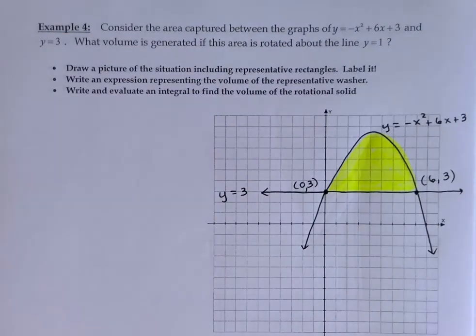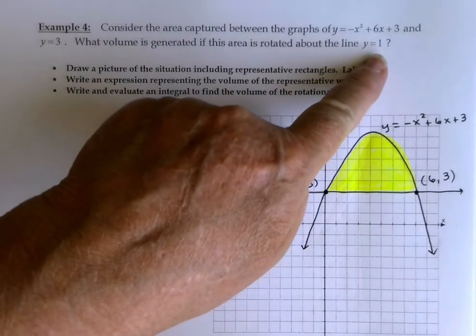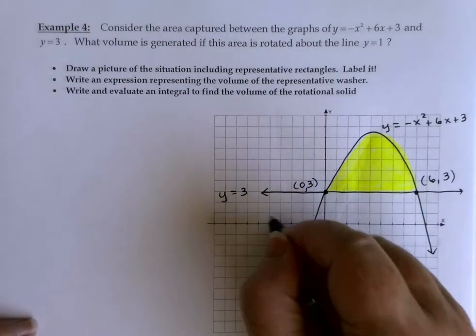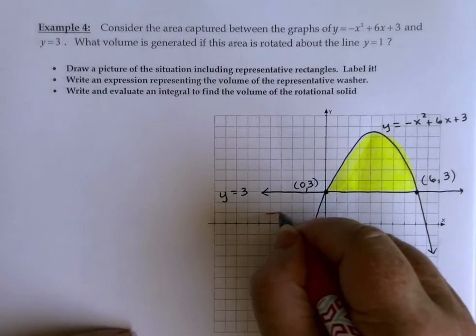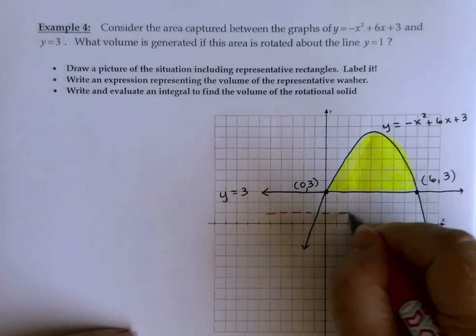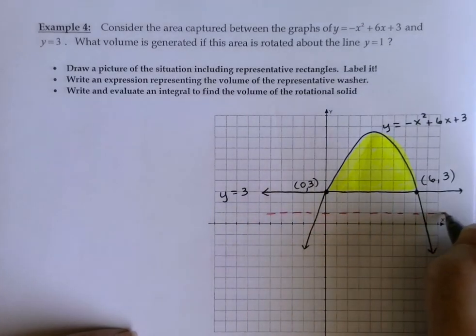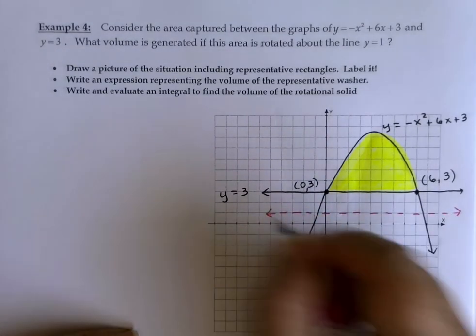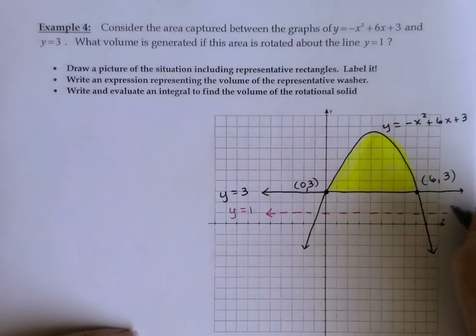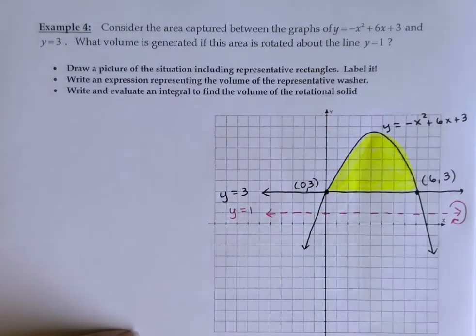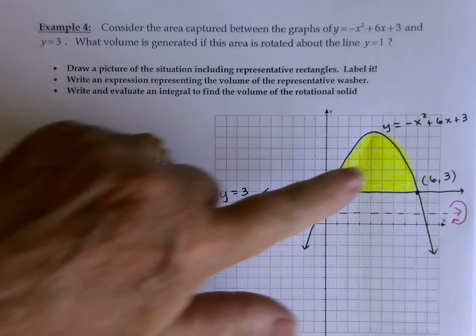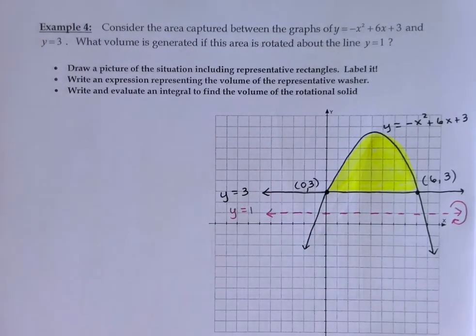We want to rotate this around the line y equals 1. Clearly, the region does not sit right on the axis of rotation. Therefore, it will create a hole when I rotate, and I need a washer method.